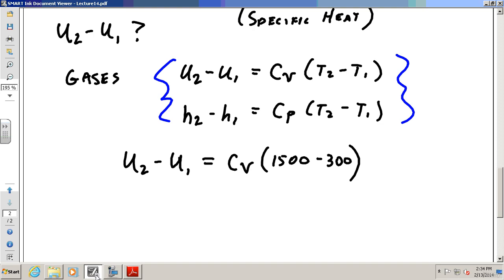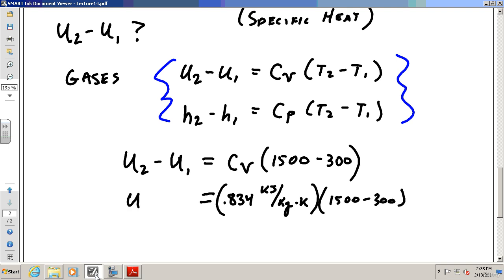So you just put it in here: 0.834 kilojoules per kilogram K multiplied by 1500 minus 300, and that's going to give me U2 minus U1. If you work out the math, I believe you get 1000.8 kilojoules per kilogram.